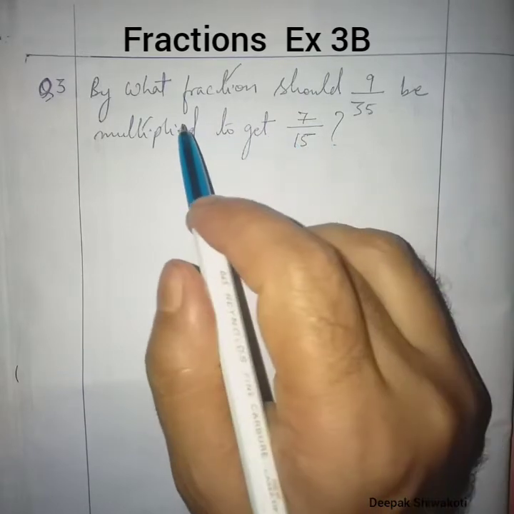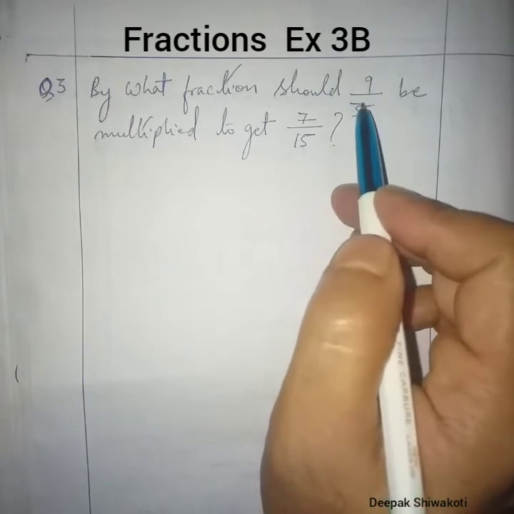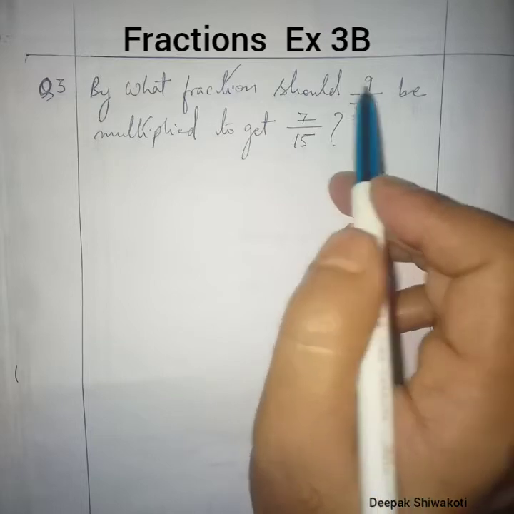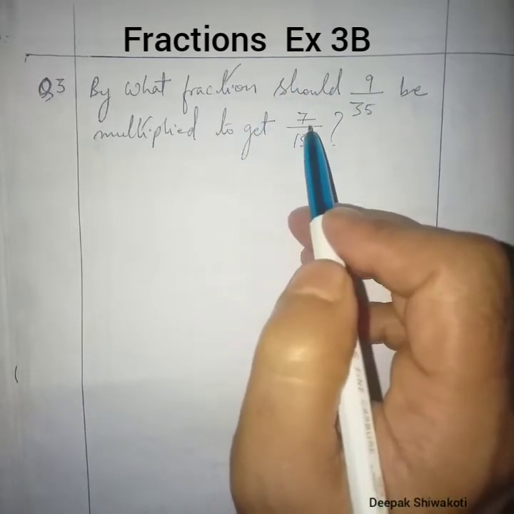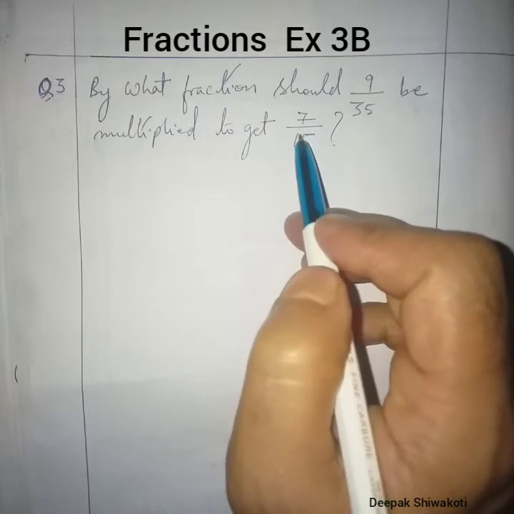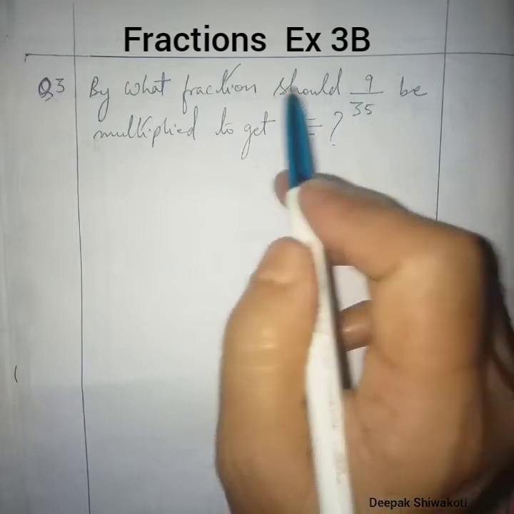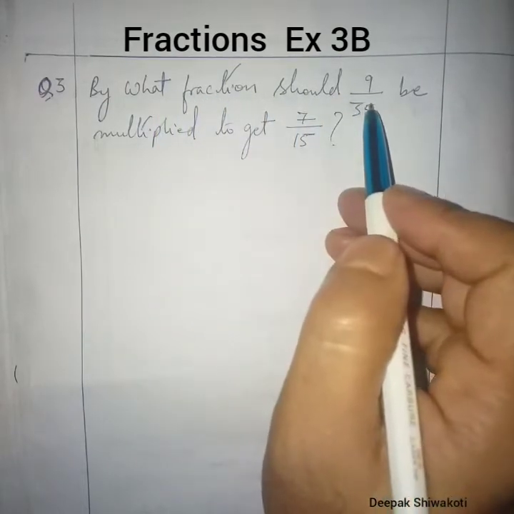So I think you have understood that this is a fraction and it will multiply with some other fraction and we will get this. So if we divide this fraction by this fraction, then we will get the fraction by which it is multiplied, isn't it?